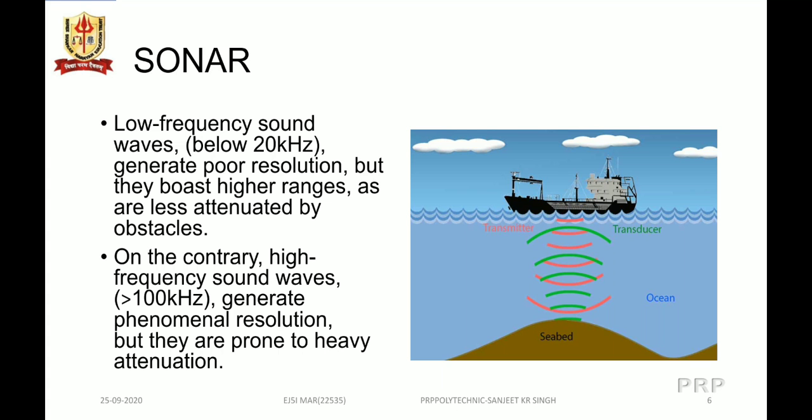On the contrary, if high frequency sound waves are used, that is greater than 100 kilohertz, then it generates a phenomenal resolution, but the drawback is that it is prone to heavy attenuation. So low frequency has poor resolution but long range, whereas high frequency generates better resolution but heavy attenuation.